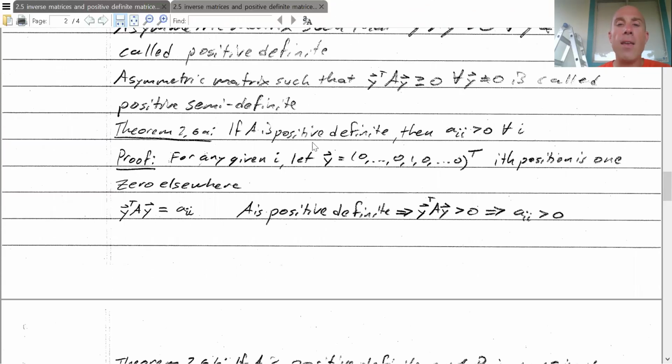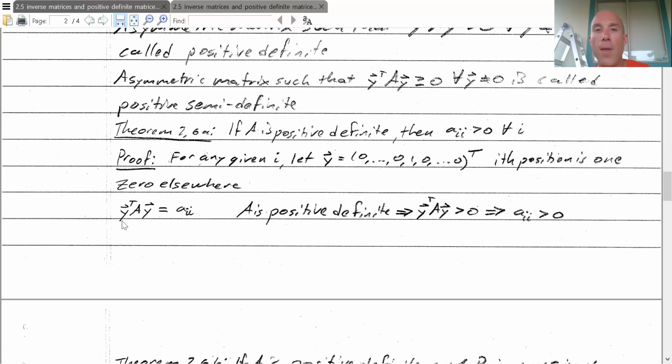All right, so if A is positive definite, then all the entries along the diagonal are positive. For a proof, let's say that we take the standard basis vector that has 1 in one spot, 0 everywhere else, and it corresponds to the ith position. I want to show that a sub ii is greater than 0. Well, if I do this multiplication, on the right I'm going to get the ith column, and on the left I get the ith row.